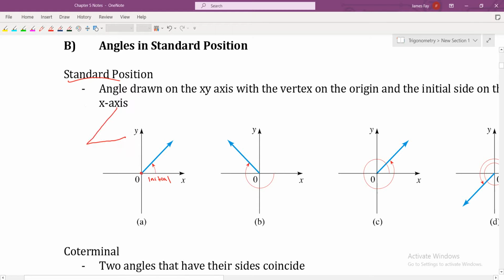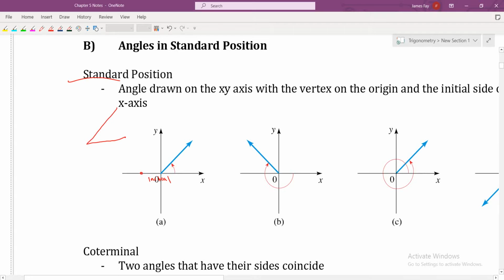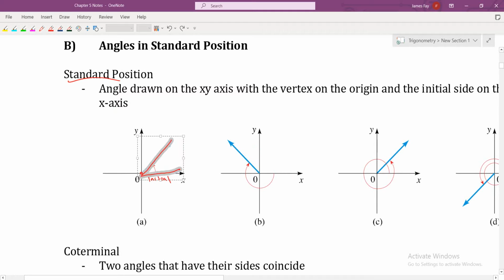Even if I did know the coordinates of the vertex, it's still going to be difficult to find that angle measurement. But if I can move that back down to be based at the origin, with the vertex at the origin, and the initial ray being the positive x-axis, it's going to make our work a lot easier to find that angle and to use that angle in some calculations. So that's what we refer to as standard position.